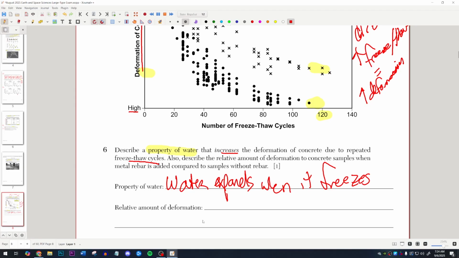And then the relative amount of deformation. So we're going to say more rebar equals lower deformation. Honestly, knowing that specific property, that water expands when it freezes, was the challenge here. This part was easy. So maybe I'll give this a 5 out of 10.